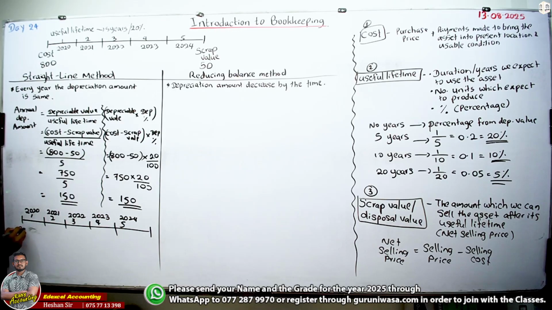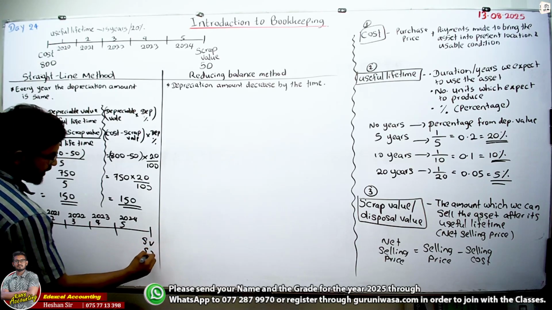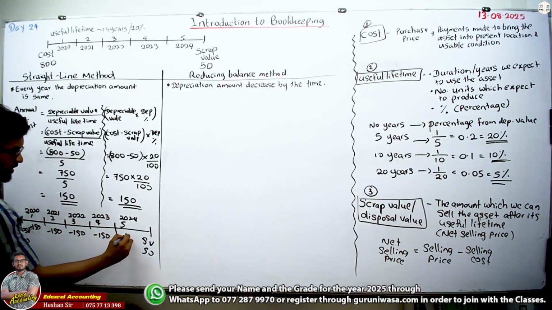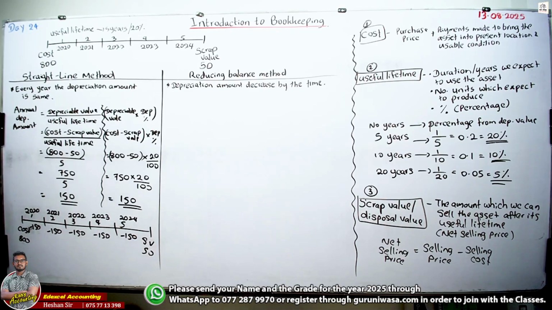Cost is 800, and scrap value. Every year we decrease 150 from this asset. Why? Because throughout these 5 years, we use it.